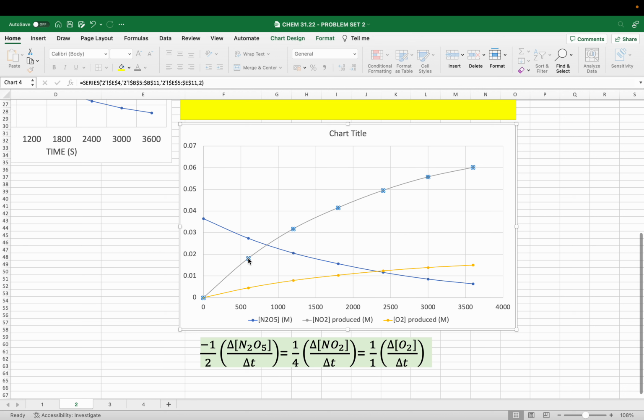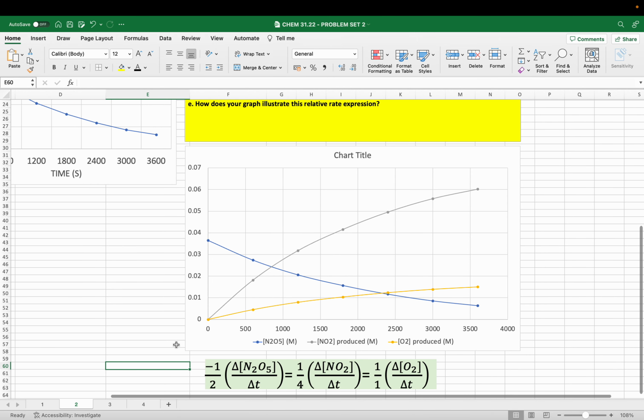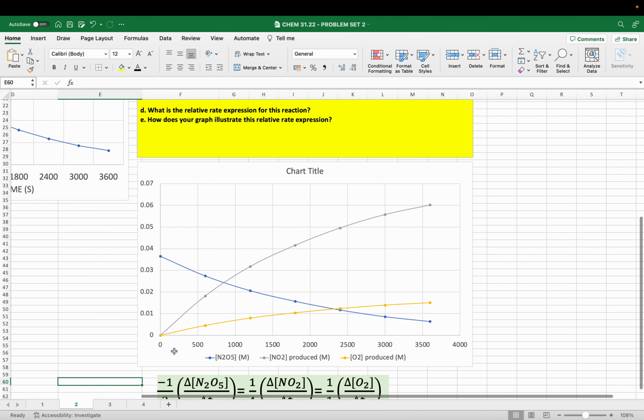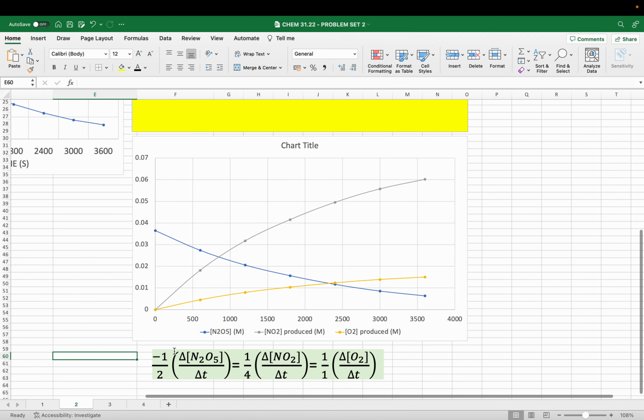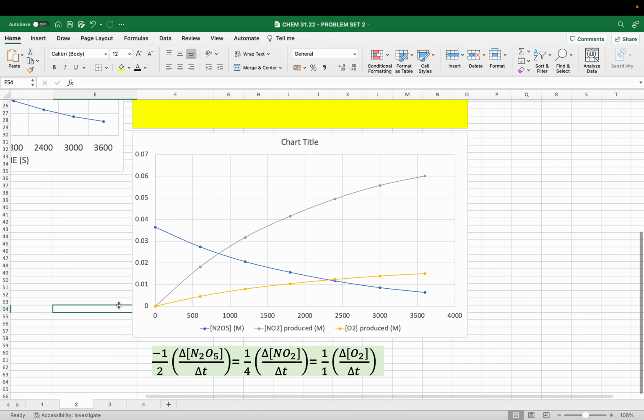Conversely, we can say that this gray graph is 4 times steeper than that of this yellow plot. Or we can say that this gray graph is actually 4/2 times steeper, or basically 2 times steeper, than this blue graph, should this blue graph have a positive rate, which is why we put a -1 over there. So that's comparing relative rates using the relative rate expression and being able to observe that using this plot.